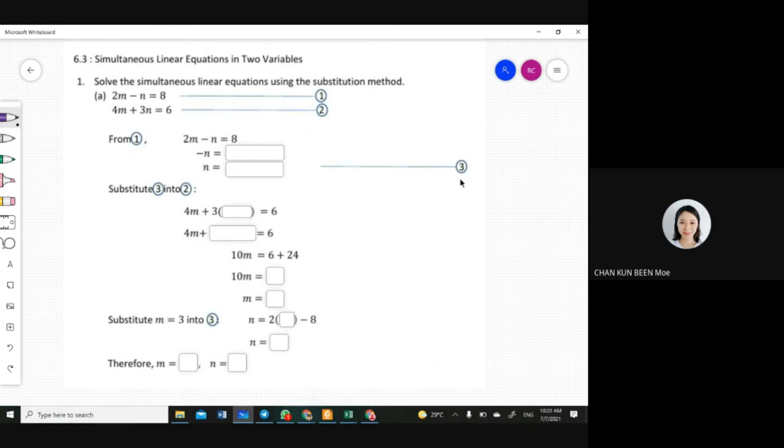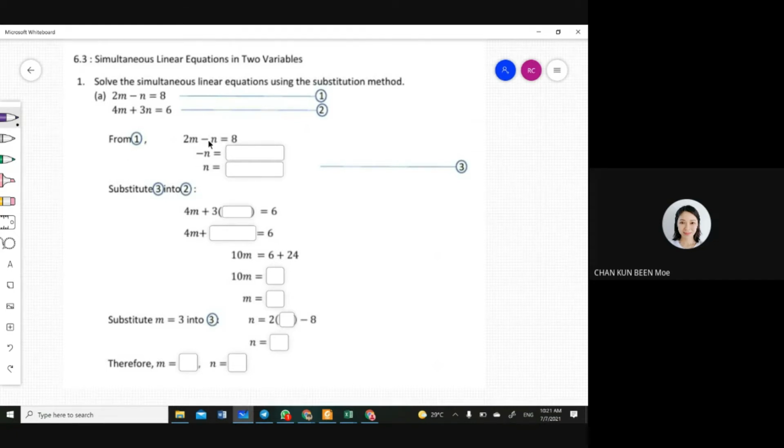Now we look at the question here. 2m minus n equal to 8. This is the first equation. 4m plus 3n equal to 6. This is the second equation. It's up to you where you want to start. From the first equation, you don't have to copy it down, but never mind, you copy it down over here. You want to find which one to make the subject.